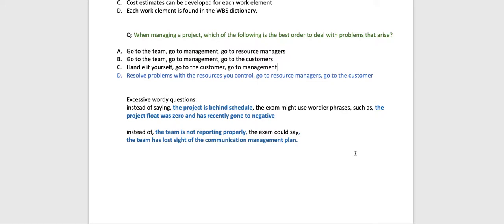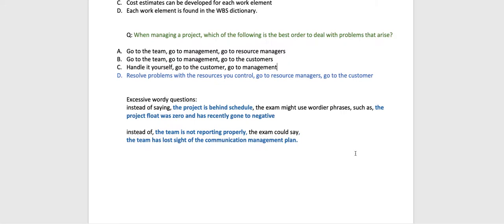Whenever the float is 0 and it goes negative, it is behind schedule. If it's positive, you are ahead of schedule. You're not going to know about these difficult terms unless you know the concept behind this. So it is very important to understand the concept.